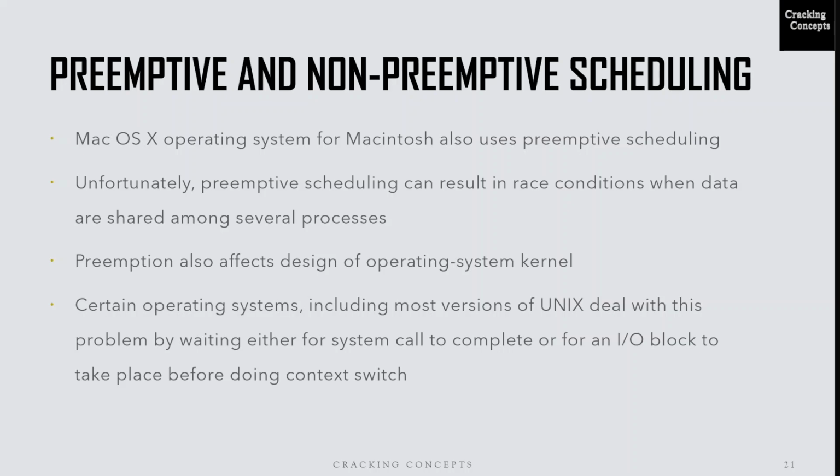Chaos ensues. Certain operating systems, including most versions of Unix, deal with this problem by waiting either for a system call to complete or for an IO block to take place before doing a context switch.